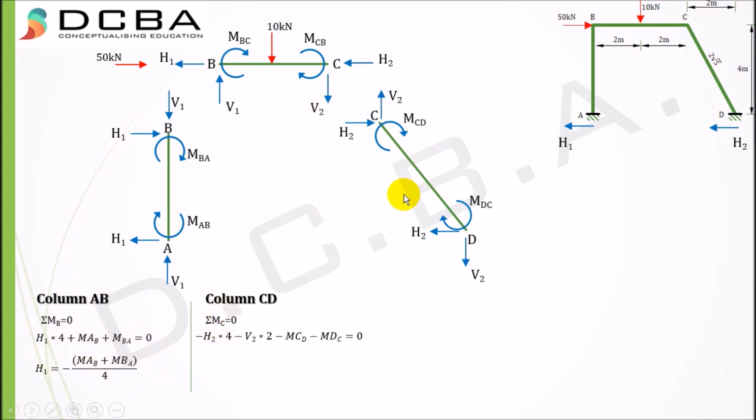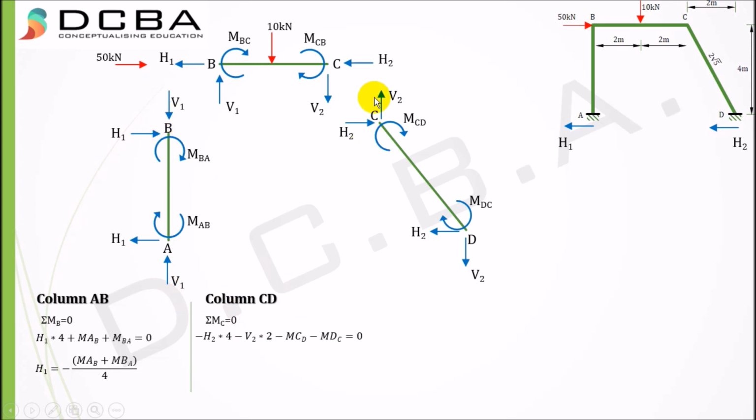Had this been a vertical member, we would have got H2 in terms of MCD and MDC. So it would have been very easy. You did not have to draw the whole free body diagram for it. But just to find this vertical component, we need to draw the free body diagram. So now we'll find this vertical component somehow. So let's see what we can do now.